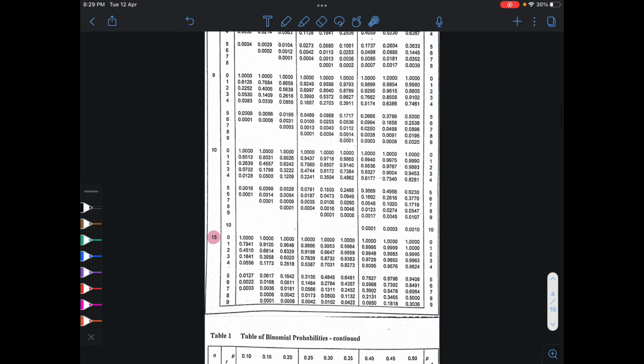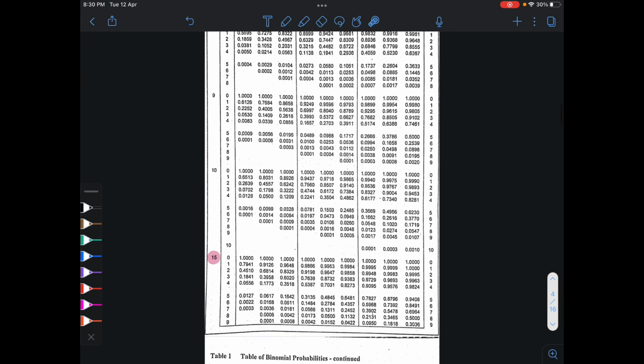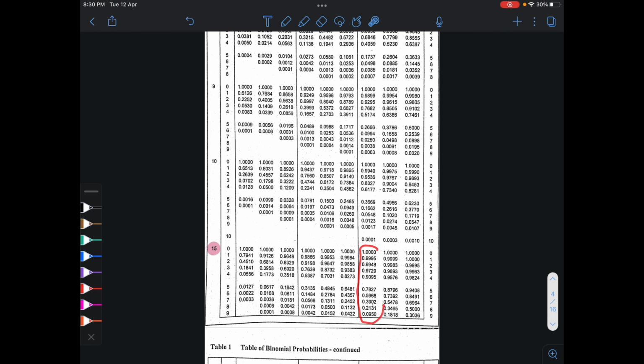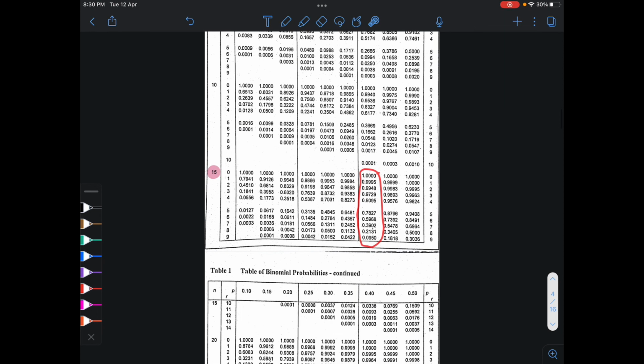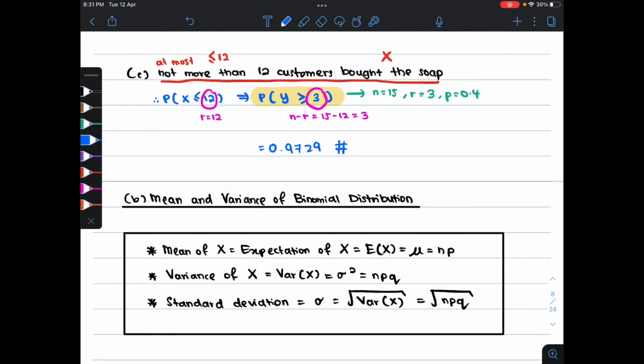So that means it's going to be somewhere in this column. But don't forget about our R. Our R is 3. So when we look across this row, you can see that the value is 0.9729. And that is how you find the probability for this part.